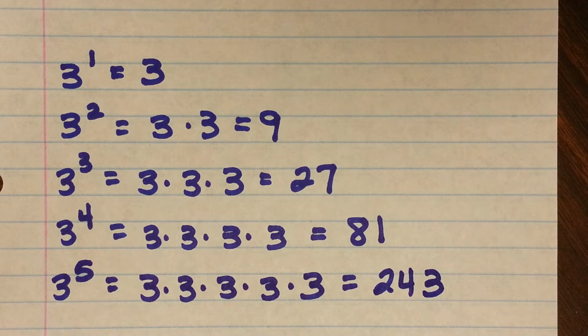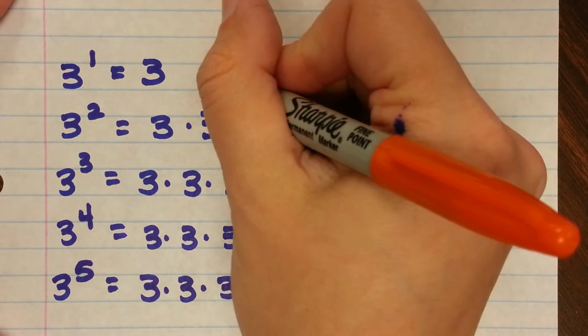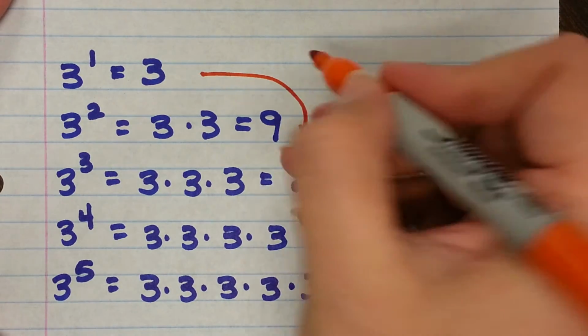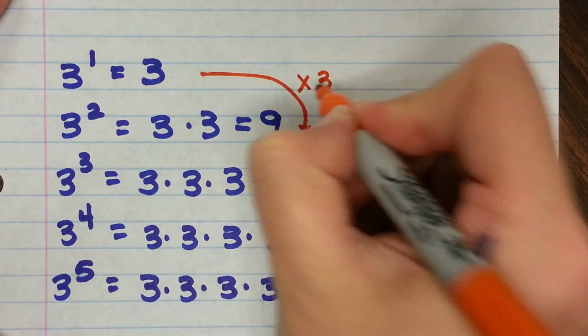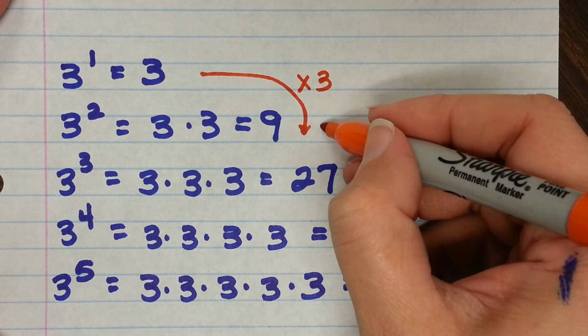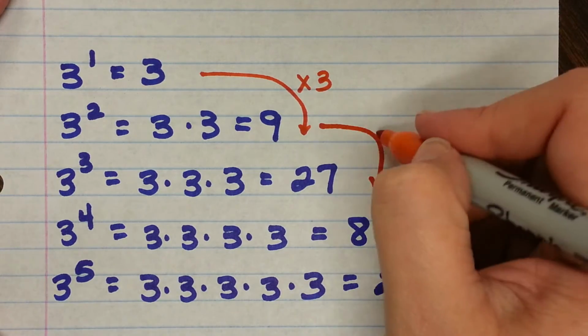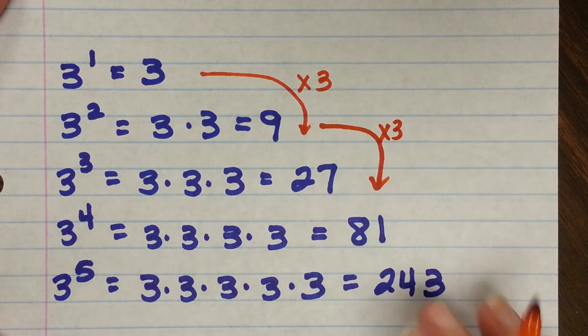Now, let's take a second and look at some of the patterns that we have. If I am going from this 3 to this 9, what did I do? I multiplied by 3. From 9 to 27, I multiplied times 3.